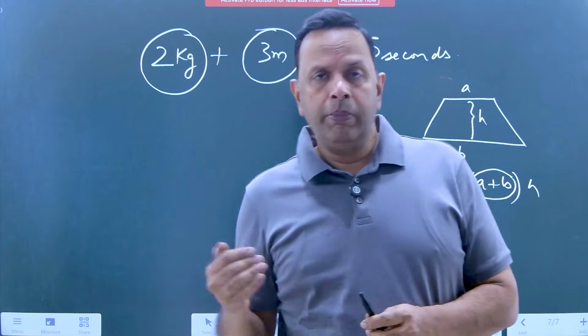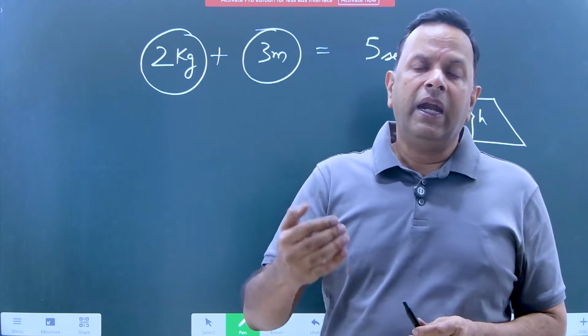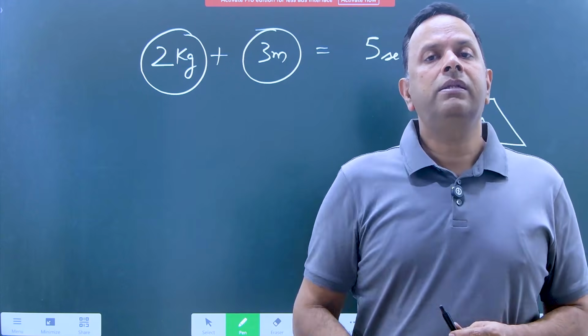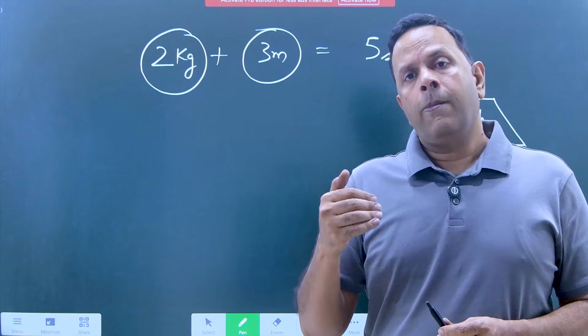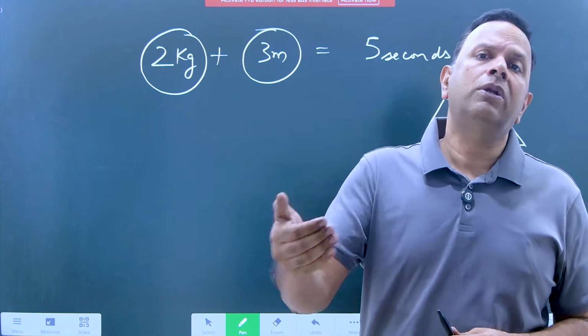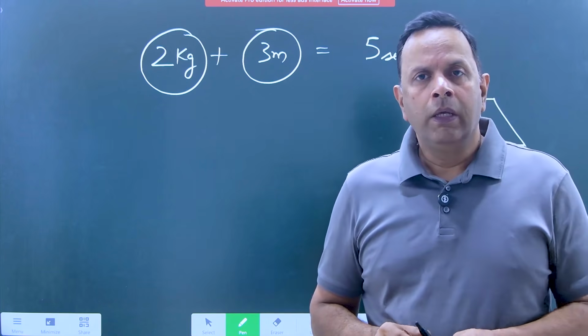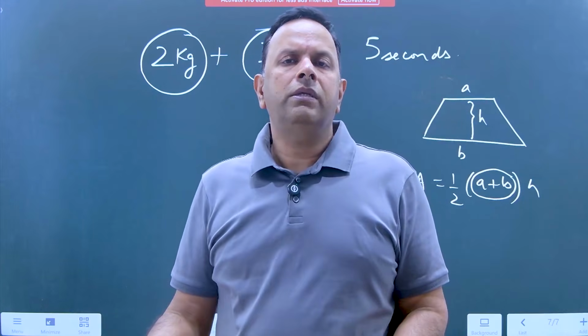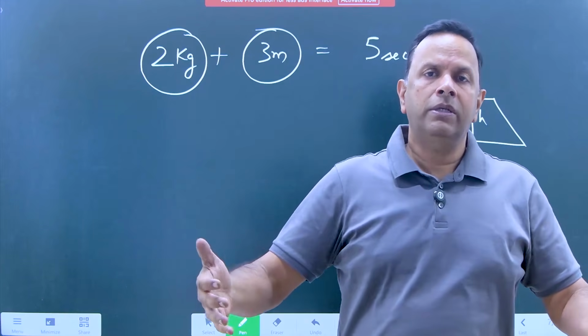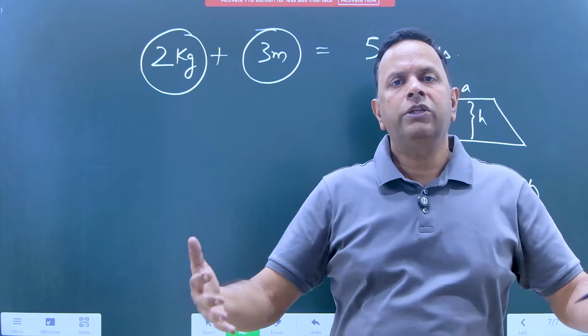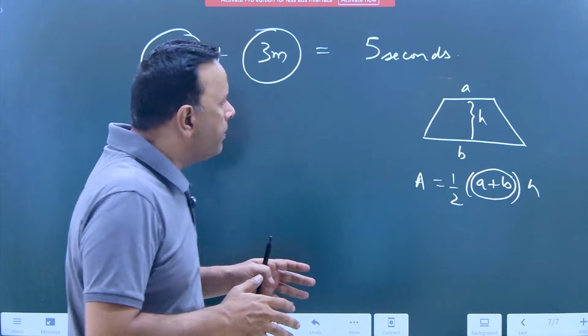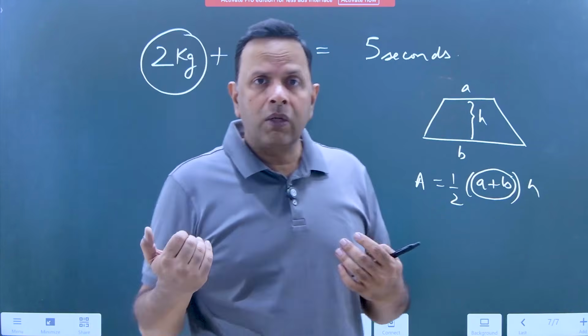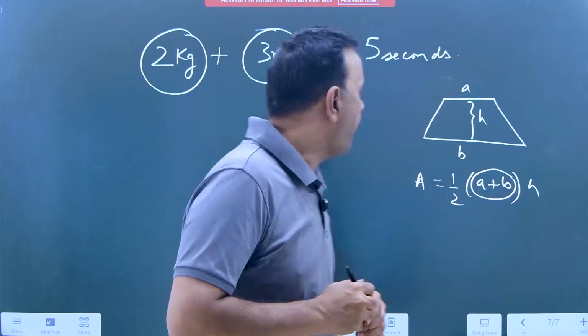Actually, I said they should be identical quantities, and if the quantities are identical, then certainly their dimension formula will also be the same. So with all this, can I make a final comment that addition and subtraction can be done only on those physical quantities which are identical?